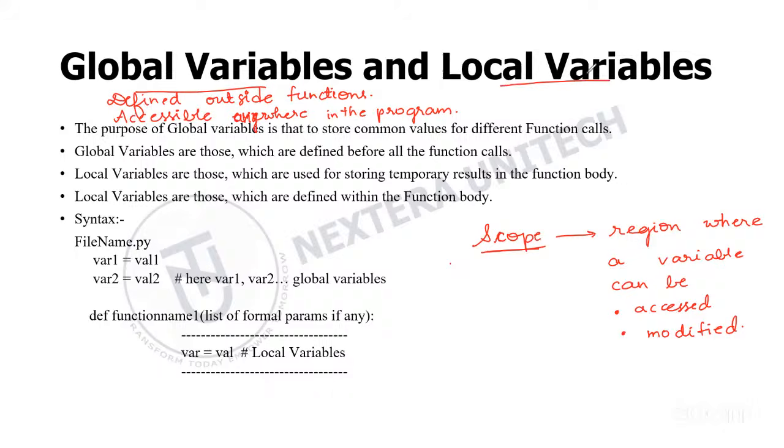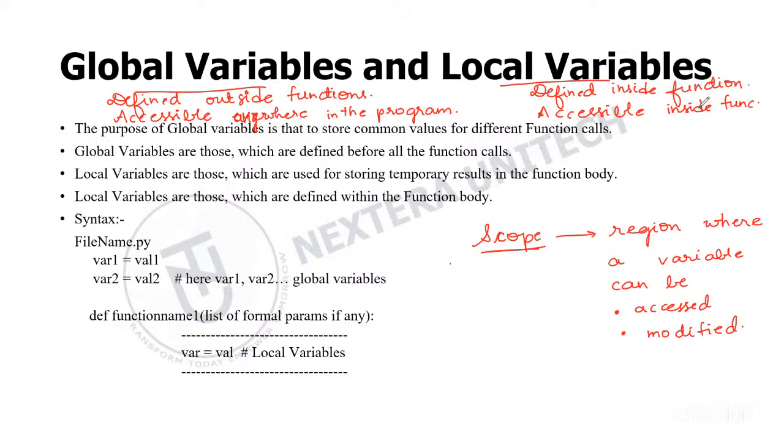And coming to local variables, these are the variables defined inside a function. And these are accessible only inside the function they are defined in.